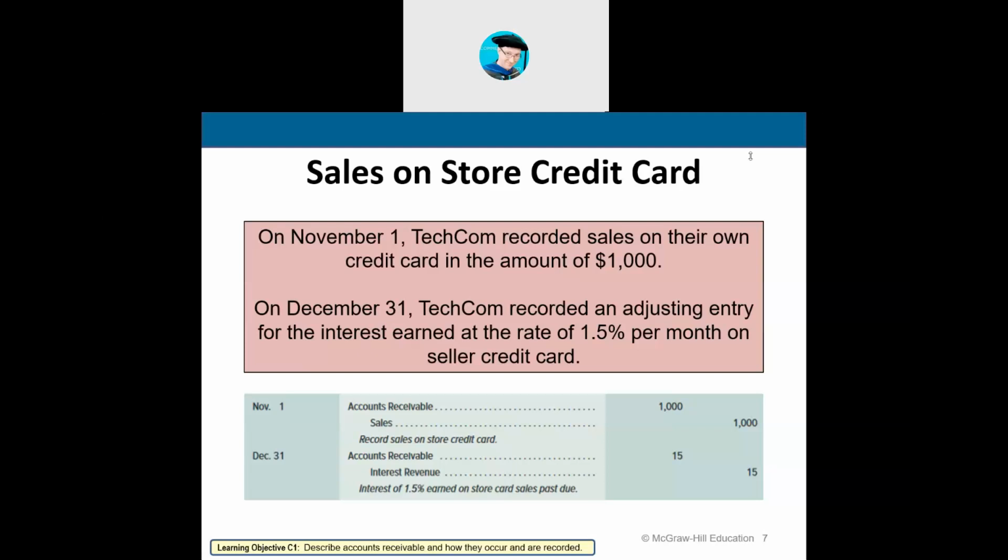In other words, the vendor gets charged a fee for accepting credit cards, and it's usually a percentage of the sale. We're going to talk about that over the next few slides, but I want you to get the basic understanding that every time a card gets swiped, there's a fee.